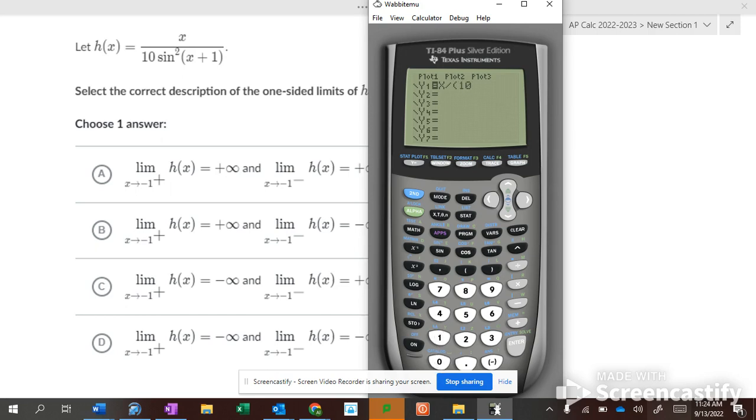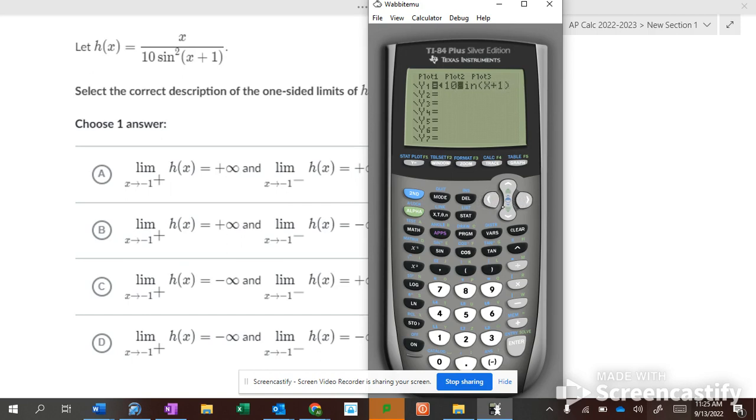So it's 10. And then to put in sine squared, it's the sine of x plus 1, and then you have to square. I have to go back here, sorry.